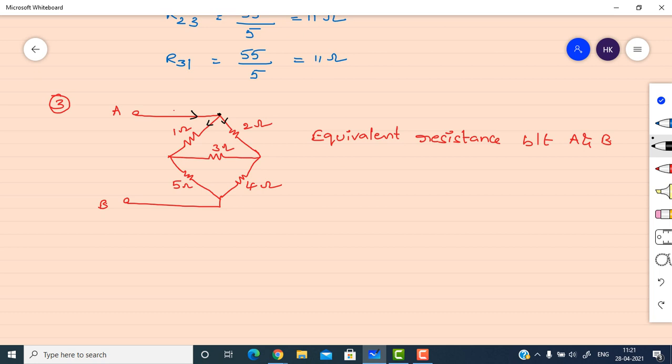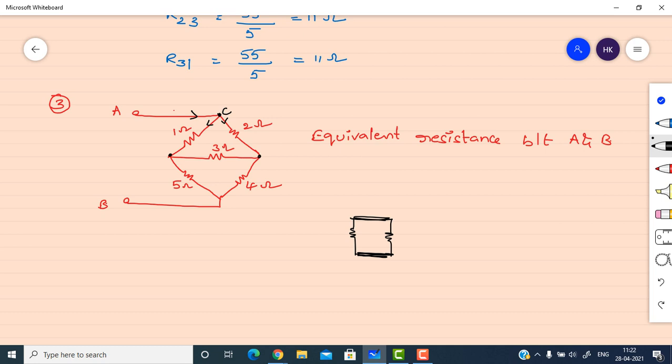Why? Whenever the current is dividing, one more thing, the voltage across those two must also be the same. Then only those two resistors are in parallel. One end of the two resistors must be connected to the same point, and the other ends must also be connected together. One end of these two resistors is connected at this point. Let us assume this is point C. The other end of this 1 ohm is here, and the other end of this 2 ohm is here. Are these two connected?